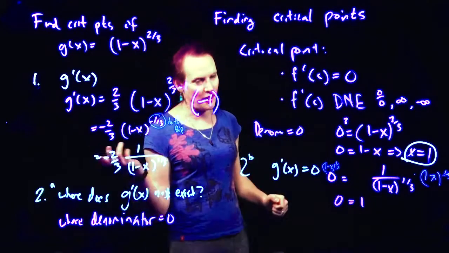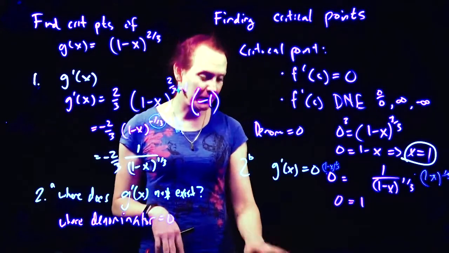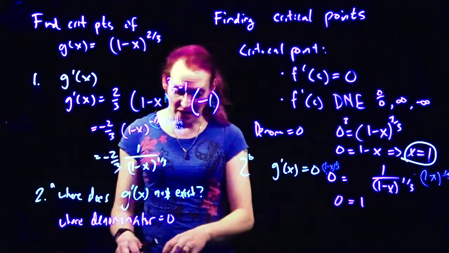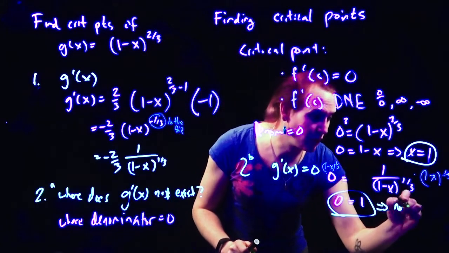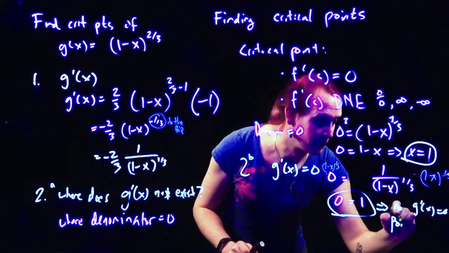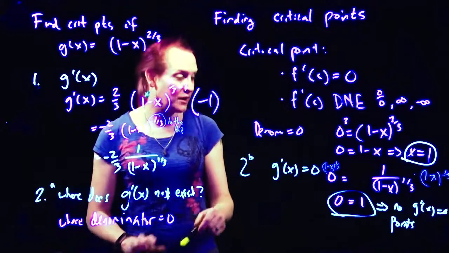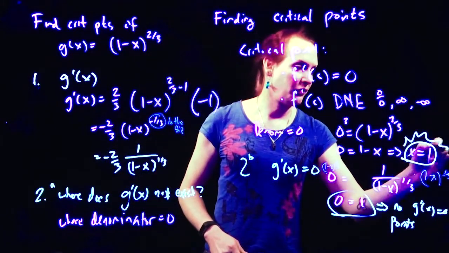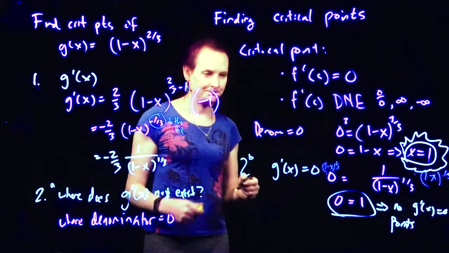Which is like, okay, fine. This looks like garbage, but this is kind of an okay place to be. What this means is that there are no g prime of x equals 0 points. So this right here is the only critical point for this function.